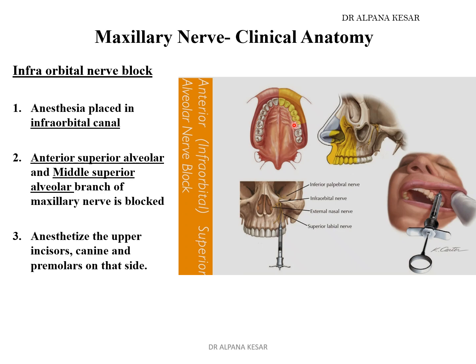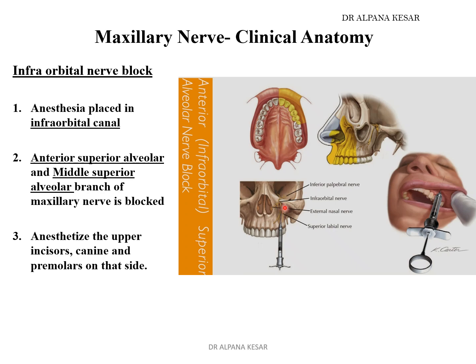The anterior superior alveolar nerve supplies the incisors and the canines. The middle superior alveolar nerve supplies the maxillary premolars. In infraorbital nerve block, the needle is inserted in the labial vestibule. The needle is directed upwards till it reaches the infraorbital foramen and infraorbital canal.